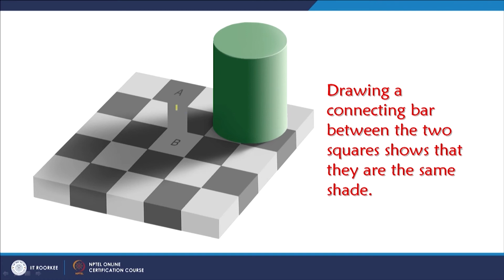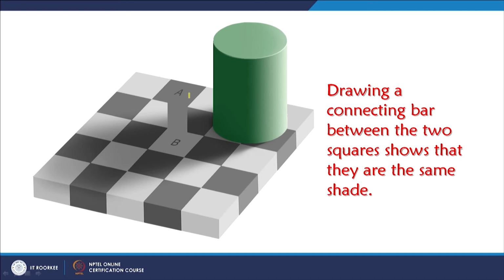And because the bar has the same shade, when the bar part comes into B, we do not see any boundary. When the bar part goes into A, we do not see any boundary again. So the point which I was trying to mention is that A and B have the same shade of gray.